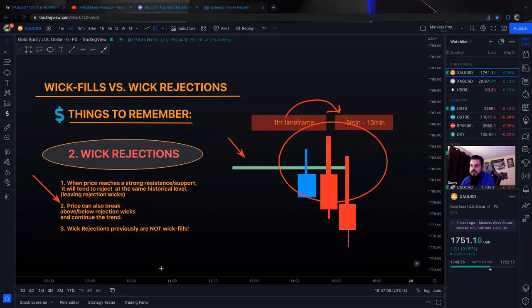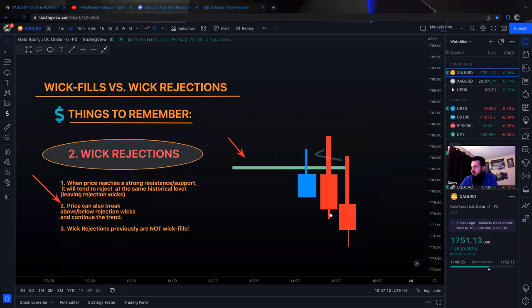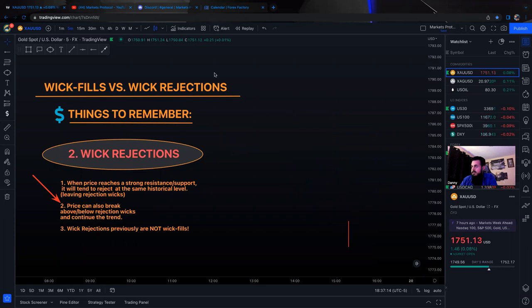Second point, price can also break above or below rejection wicks and continue the same trend. What that will look like in terms of structure, ladies and gentlemen, is something like this. Let's remove this line too.